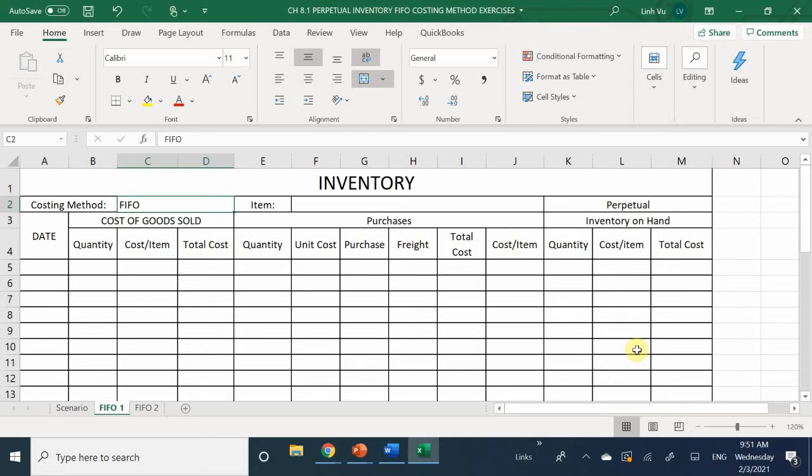So we're going to take a look at how we enter in a purchase, and then we're going to move it to inventory, and how we make a sale, right? And we have to calculate the new inventory based off of that.